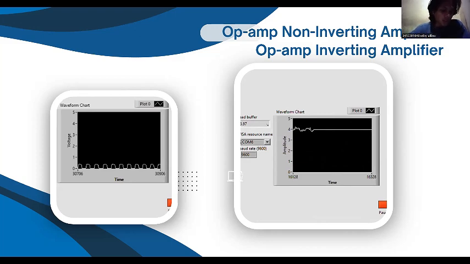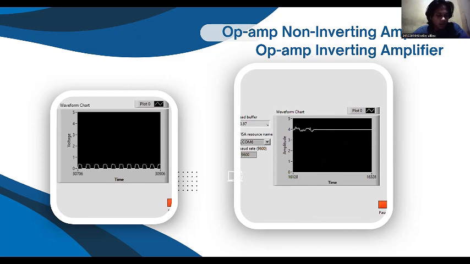So now is the op-amp configuration study. The op-amp configurations implemented are non-inverting and inverting amplifier. However, in this presentation, I will focus mainly on the inverting amplifier as it is used for AC signal conditioning.